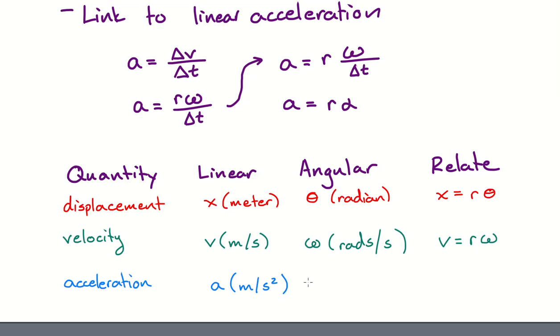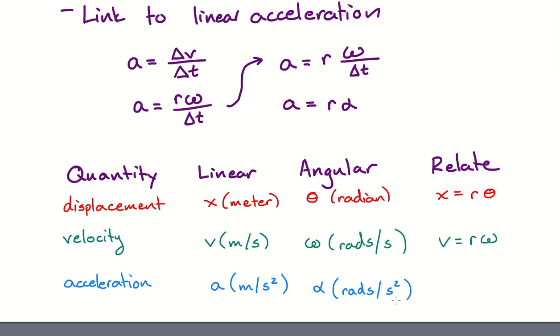Cool. All right, what if it's angular? We don't use A, we go Greek. Alpha. And if we're looking at this one, we did not explicitly talk about the units here, but if this is radians per second and I just add another per second to it, do you agree that that's radians per second squared?